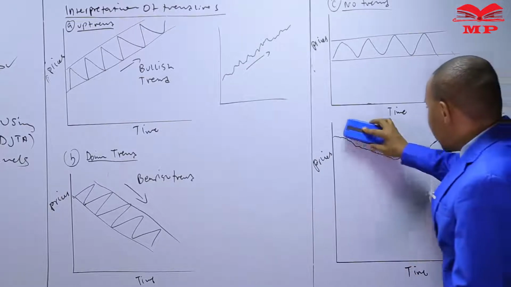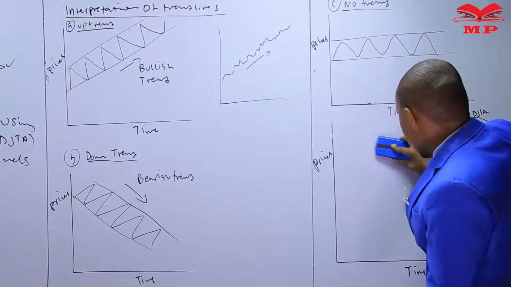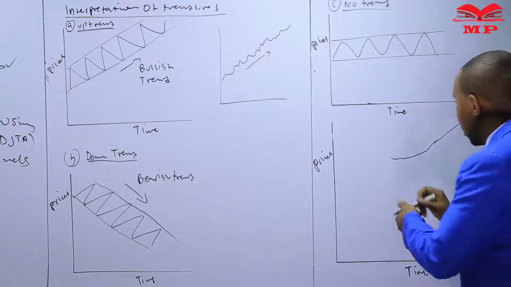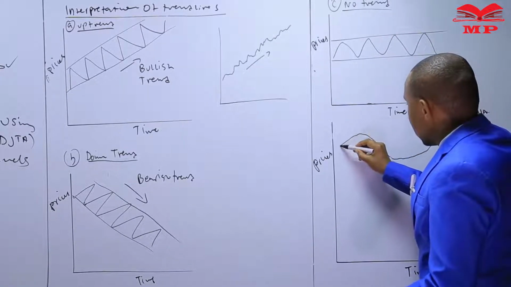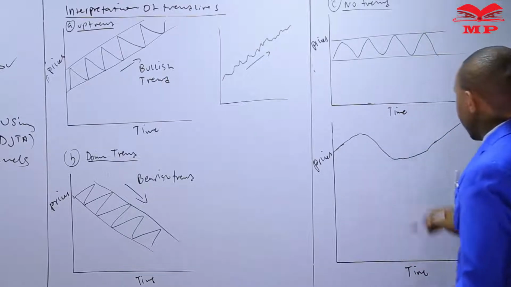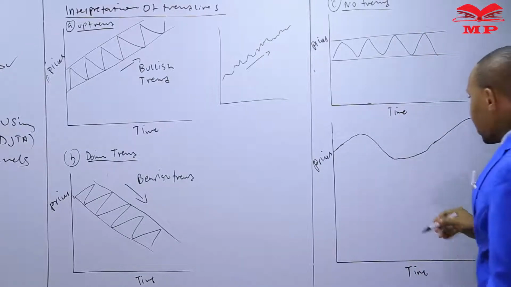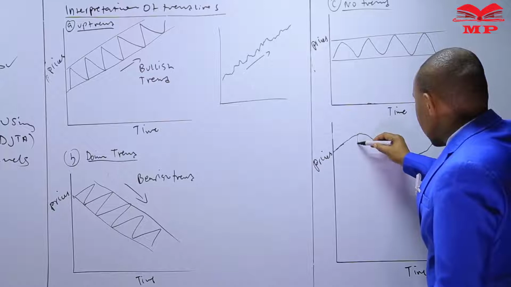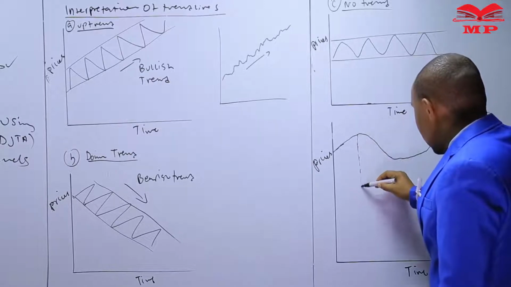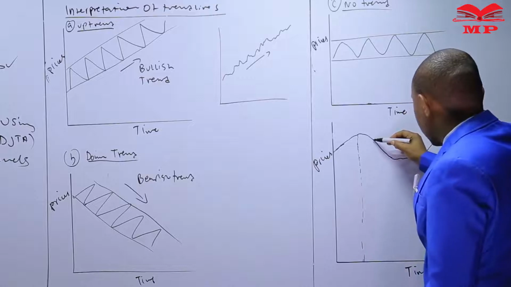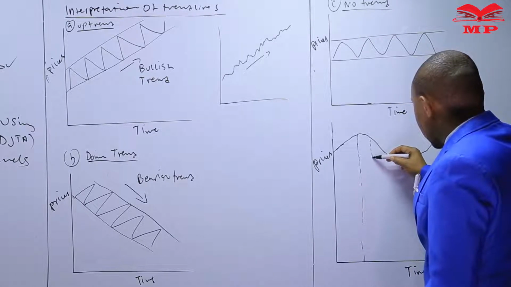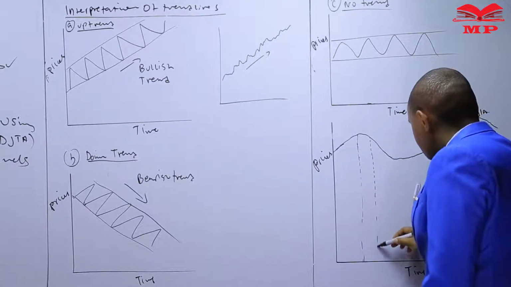Probably it may not be the best. I can just rub somewhere here and maybe change it a bit. Like that. Yes, let's put it like that. Draw lines like that. Also like that.